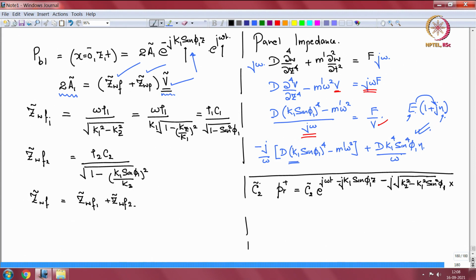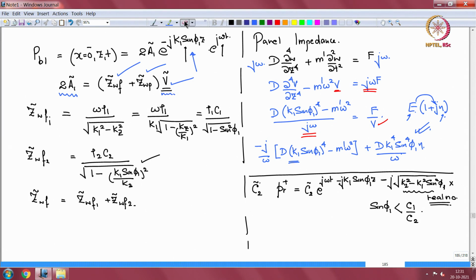So for far field transmission this should be a real number. So that's one condition. So what does that give me? Let's say that if you compute, sine of phi 1 has to be less than C1 by C2.